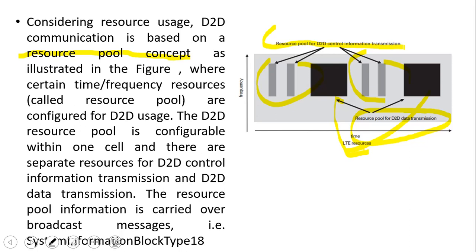Certain time or frequency resource, called resource pool, are configured for D2D usage. The D2D resource pool is configurable within one cell, and there are separate resources for D2D control information transmission and D2D data transmission. The resource pool information is carried over a broadcast message, that is, in this format: system information block type 18.